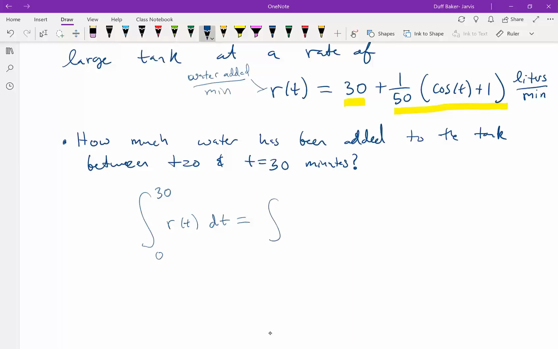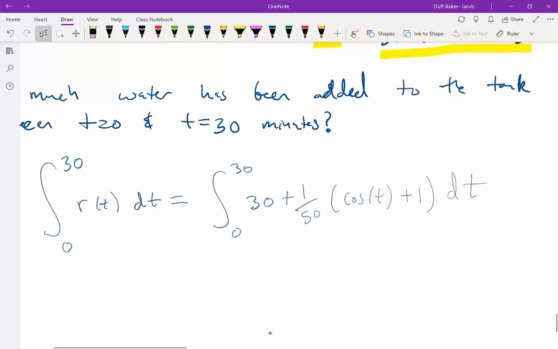So you would just go ahead and crank that out. Here it's actually not a nice number, I don't think, but we can at least go through the steps. So we would throw this function in there. Then we would just crank through the integral. So we would find the antiderivative, which is 30t.